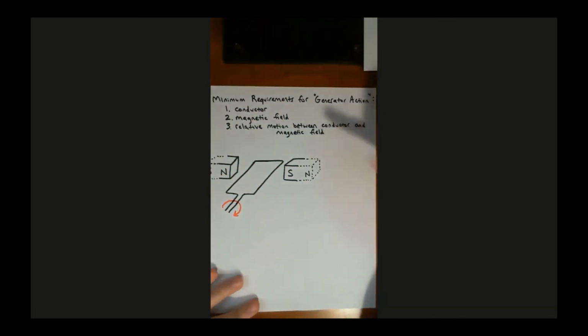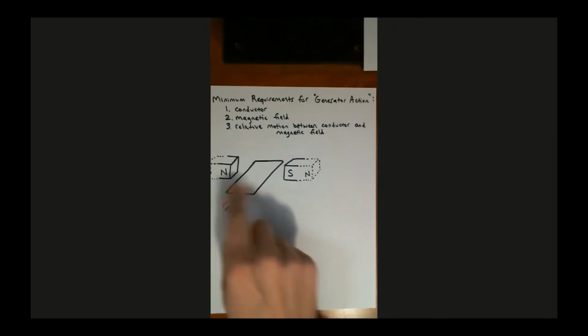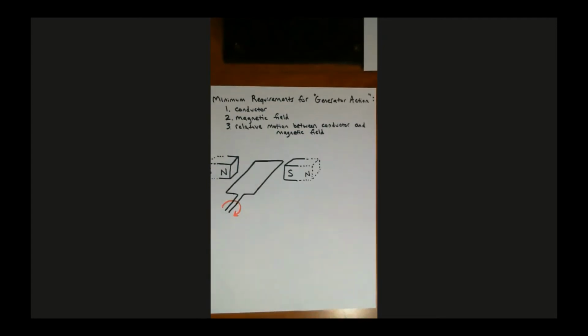And do we have relative motion between the conductor and the magnetic field? As long as this is spinning, as long as we're causing the armature to rotate inside the magnetic field, then yes, we definitely have relative motion between the conductor and the magnetic field.